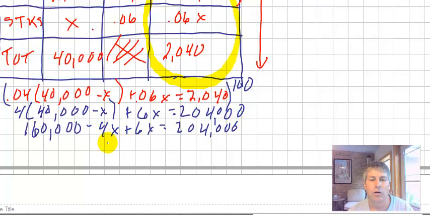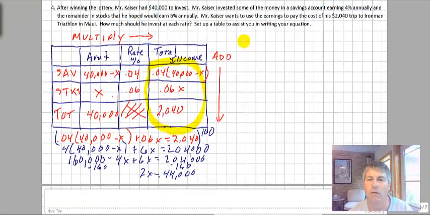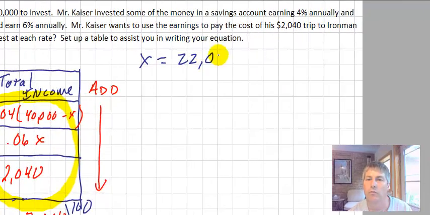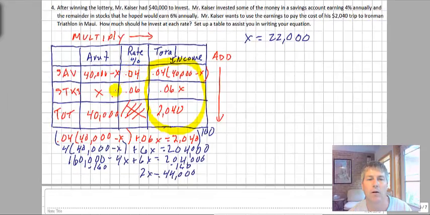Combining our like terms and subtracting 160 from both sides, so we get 2X equals a total of 44,000. So X equals 22,000. We go back to our table, and X was the dollar amount you invested in stocks. So 22,000 in stocks.